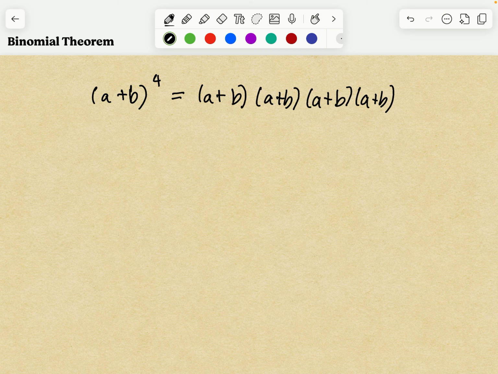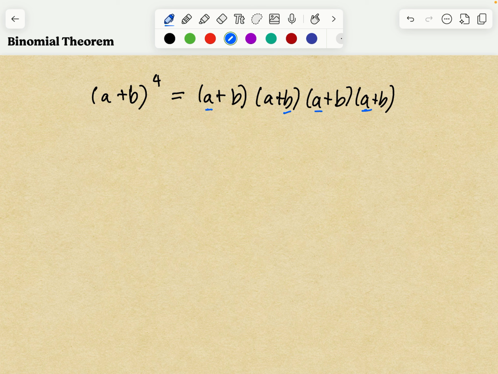And one way to figure out what you get when you expand is to notice that when you are expanding this out, what you're really doing is picking. So I have four factors, each of them is a + b. You're picking one term from each of the four factors and then multiplying them all.